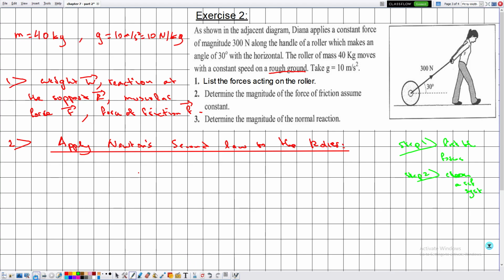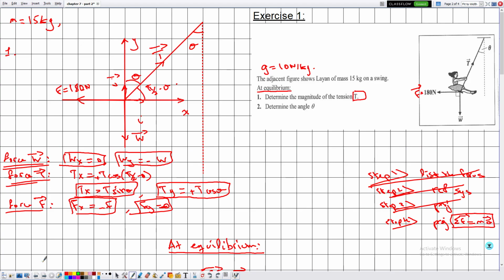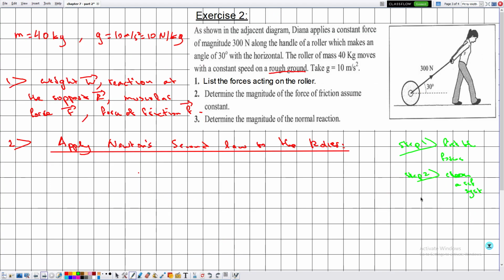Step number 3 is to project the forces. And step number 4 is to use the equation sum of forces is equal to ma, and project along the x and the y.